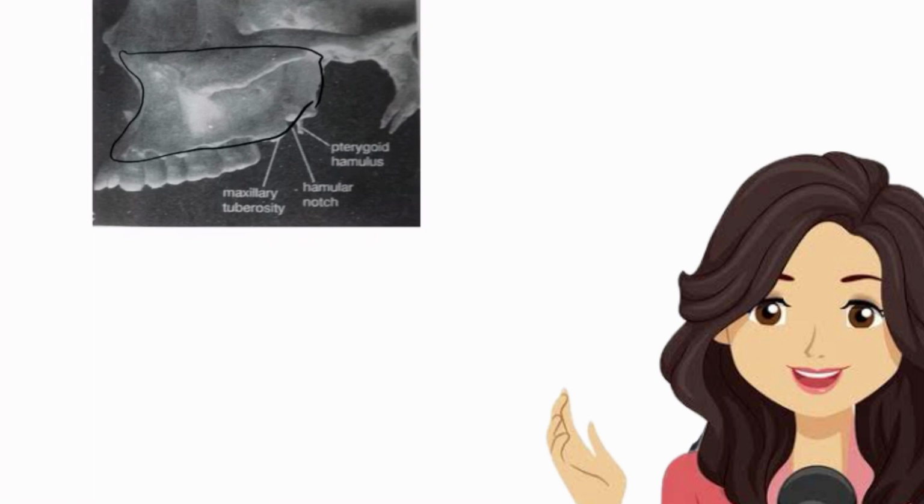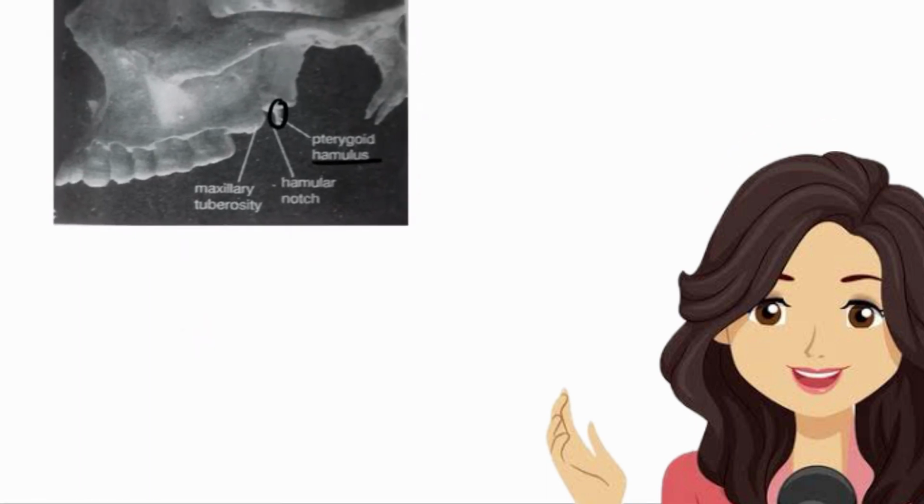And posteriorly, this structure which is highlighted is called the pterygoid hamulus. It is a very important structure at the posterior border. Before that, this bony structure here is called the maxillary tuberosity.